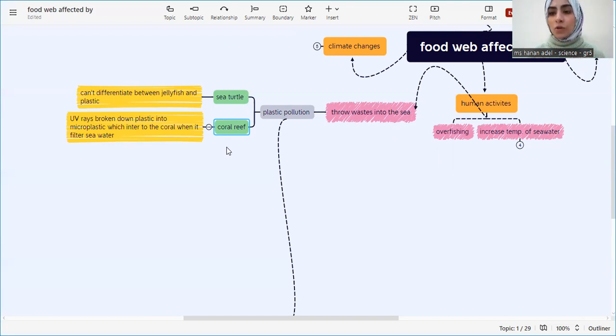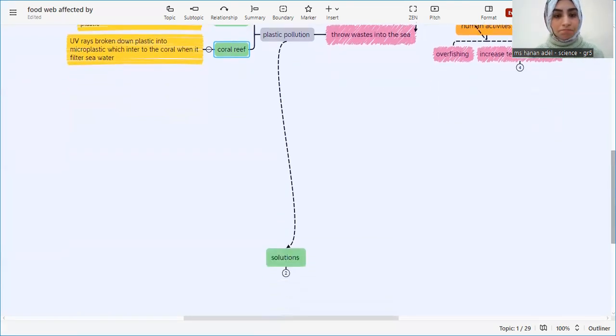We call them microplastic. This microplastic goes down into the coral, and the coral eats it with its food because it is very small, so it can easily go inside the coral, and they think it's food also, and they get harmed and die because of this.